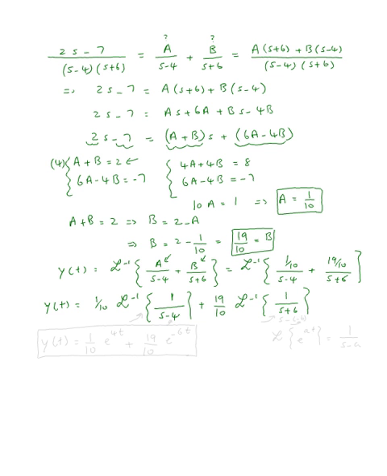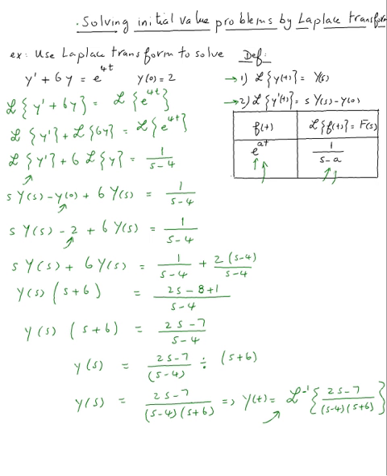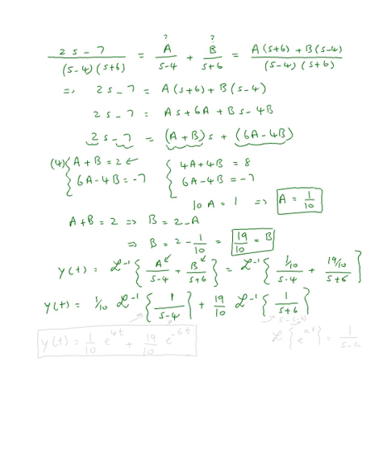Right? Now again, I'm going to go back to the formula right here. I'm using the same formula. Let me rewrite it here: the Laplace inverse of 1 over s minus a is equal to e to the at. We're going to use it for both. So y of t will be equal to 1 over 10 Laplace inverse of 1 over s minus 4.